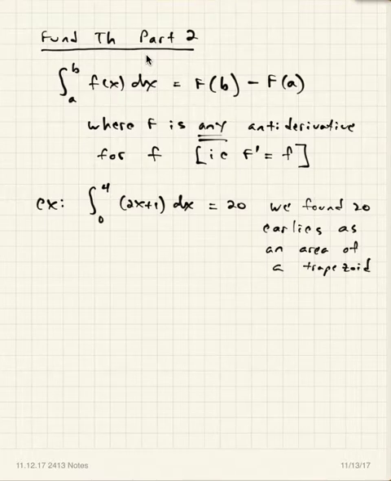So the definite integral gives us another way to evaluate this, and it says simply write down an antiderivative for 2x plus 1. Now we've talked about antiderivatives, so we have all these rules for finding them: the power rule, the sum and difference rule, the constant factor rule, the log rule. So the antiderivative for 2x would be x squared.